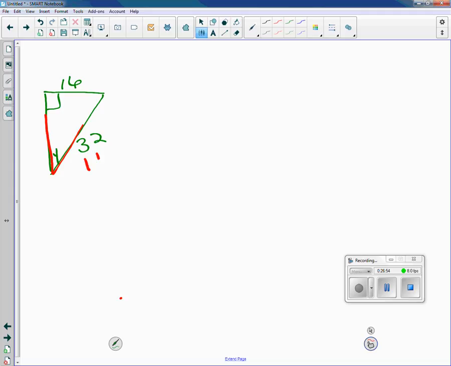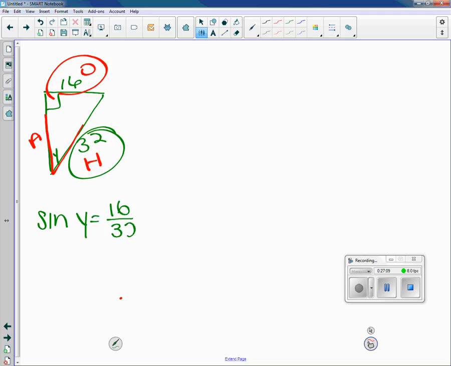This is H, A, O. I have a value for O and H. So which one am I going to use? O and H. Sine. Sine of I don't know is equal to 16 over 32. So I need to do sine inverse of 16 over 32. And your answer should be 30.